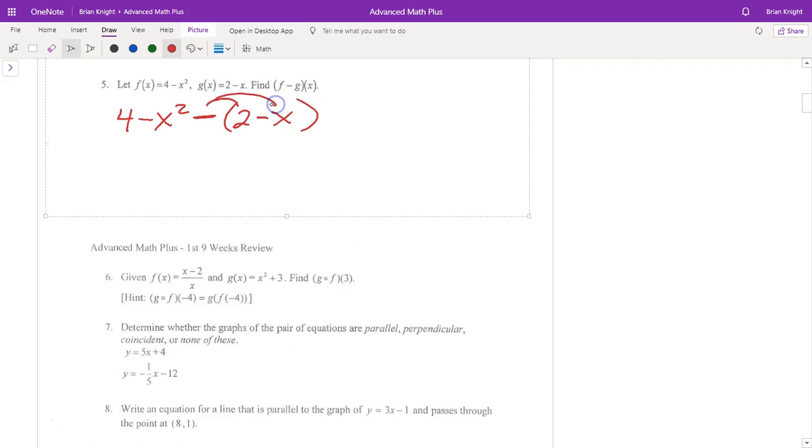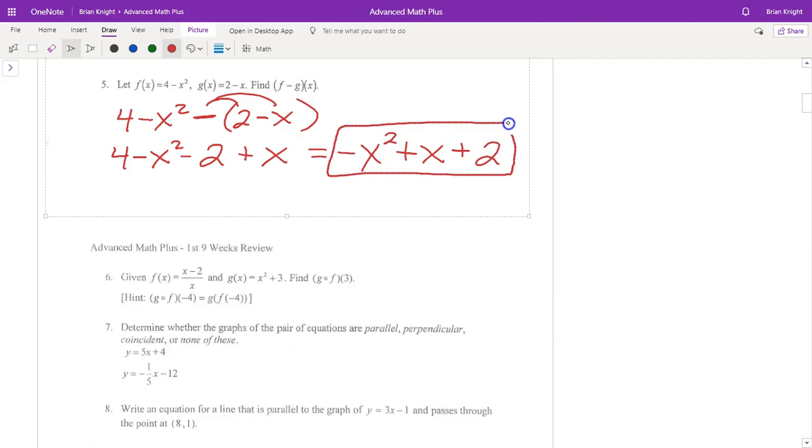So that will be 4 minus x squared minus 2 plus x, and then you just simplify that. So we got negative x squared plus x plus 2. 4 minus 2 is 2. Very good on 5.